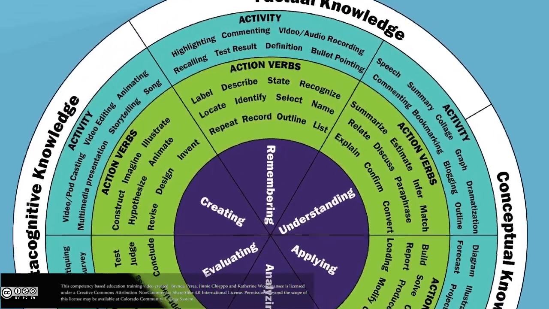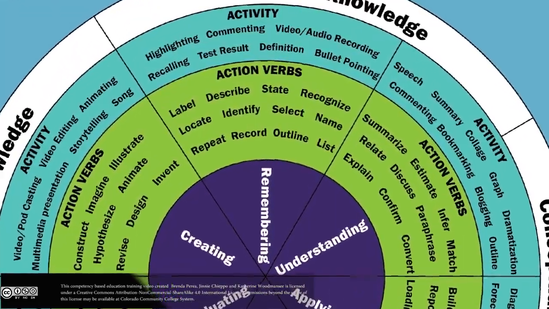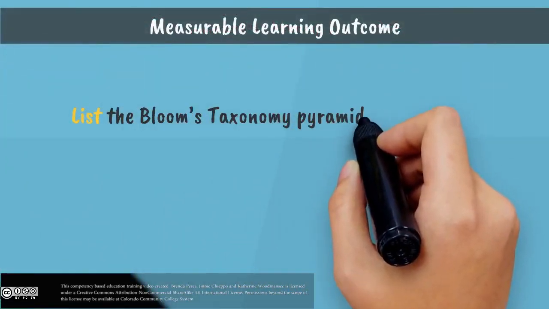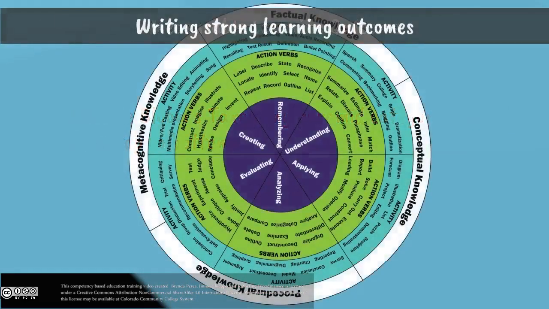And then I would determine the best possible measurable activity for the learning outcome. So in this instance, I would write the learning outcome as list the Bloom's taxonomy pyramid categories in order from top to bottom.